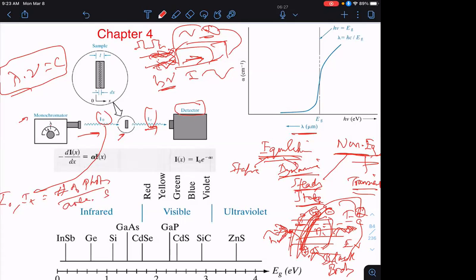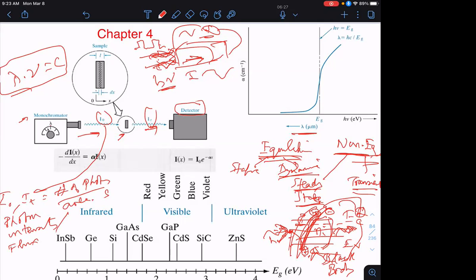So it's basically proportional to the intensity of the light that I'm shining. What's the name of I naught again? It's the photon intensity, the light intensity. Photon intensity or photon flux.